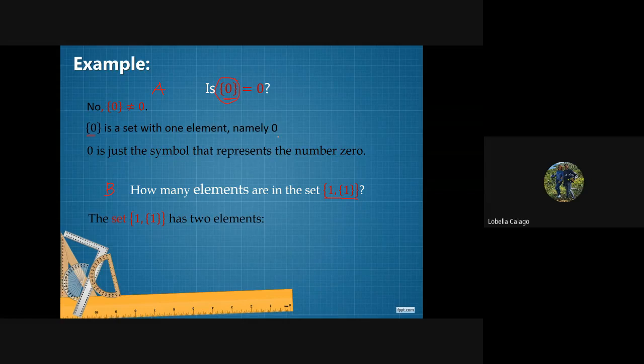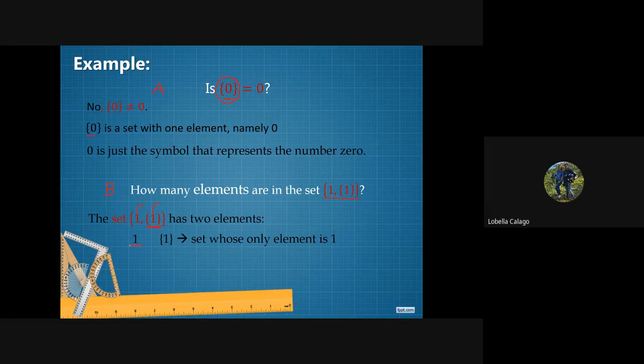Ma'am, why 2 elements? The 1 and 1 are the same. So, we have the element 1 and an element which is a set. This is a set, a set that is itself an element containing this set. You see, this is the element.